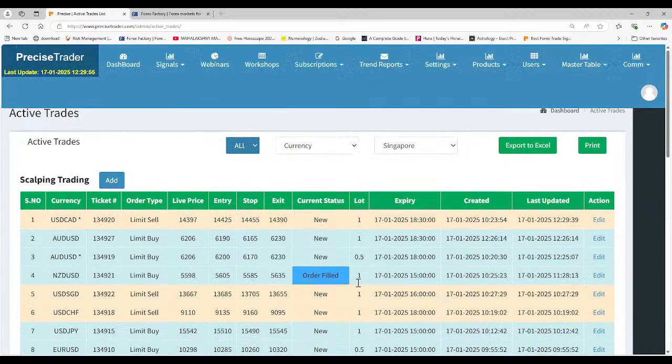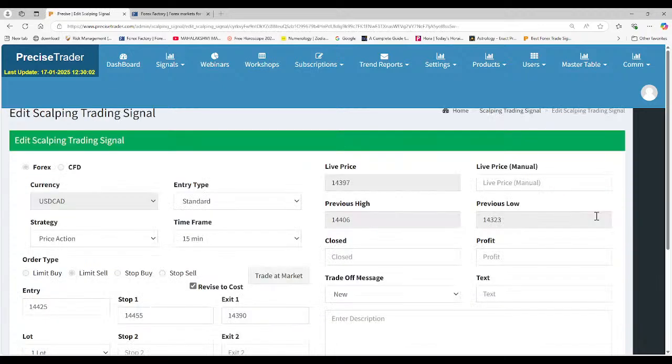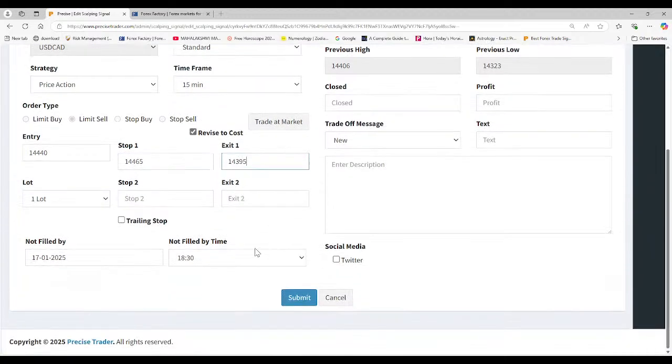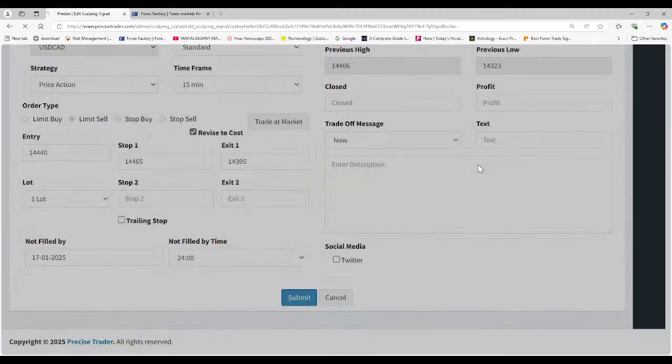Okay, let's say we want to be in the trade. Let's raise this one to 143.95. Then this one will go for expiry until the next time belt ends.